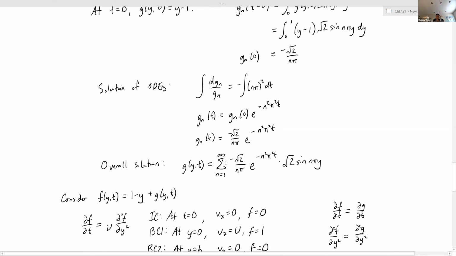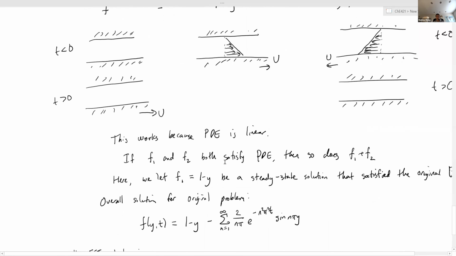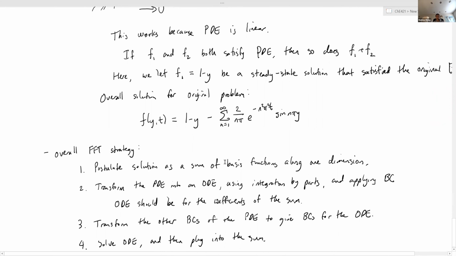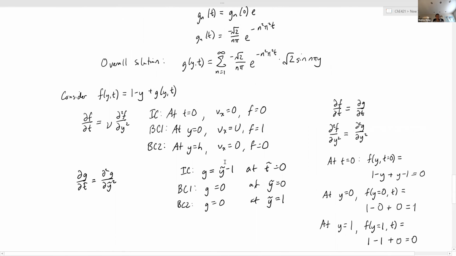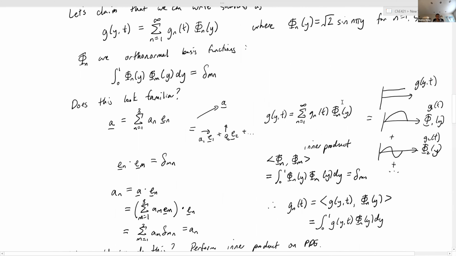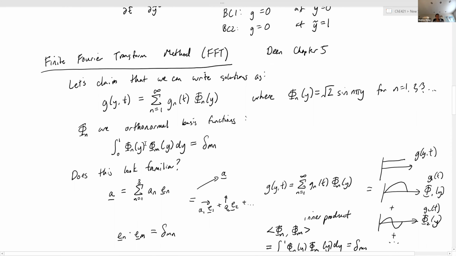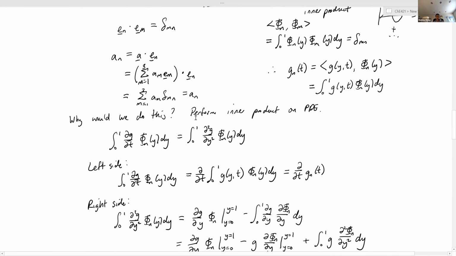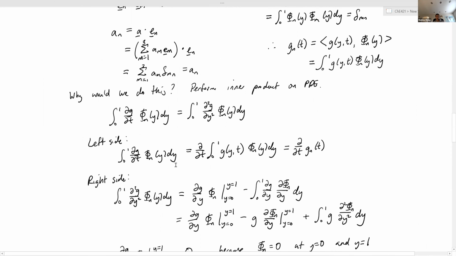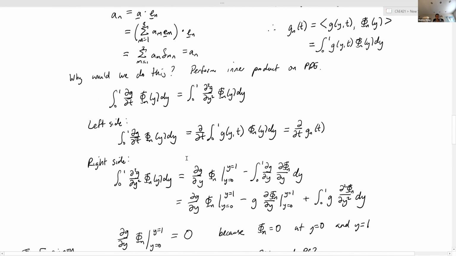Now, I got a question. What are these basis functions? Because the basis functions really are sort of the magic of this whole thing, right? They're orthonormal, right? And so they allow us to express things as a sum like this. They allow us to cancel out some of these terms and make them 0.